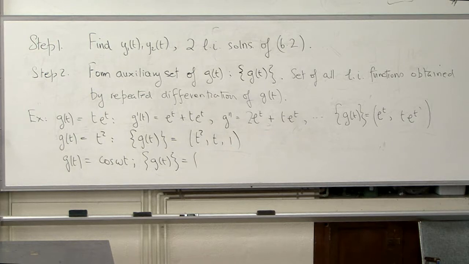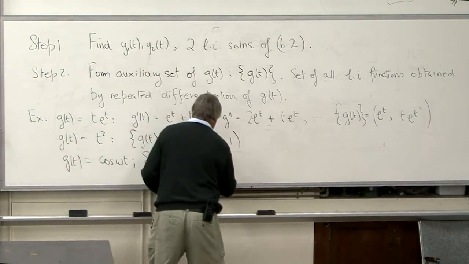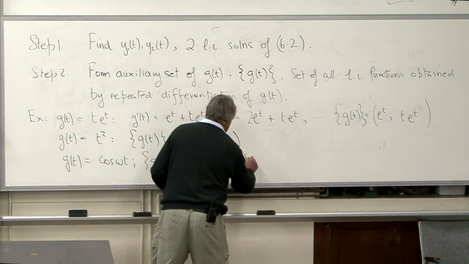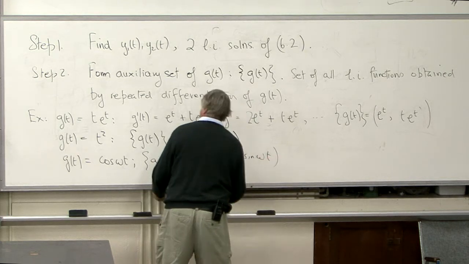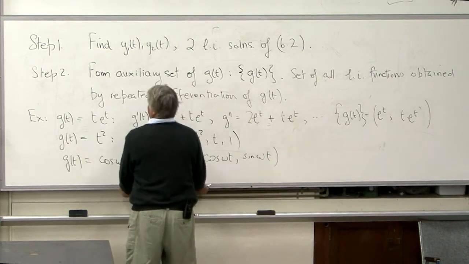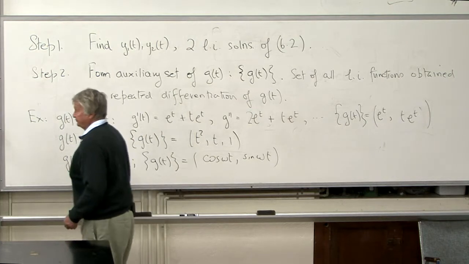So what are the two linearly independent functions that every derivative is a combination of? Sine and cosine omega t. Right, so that's step 2.